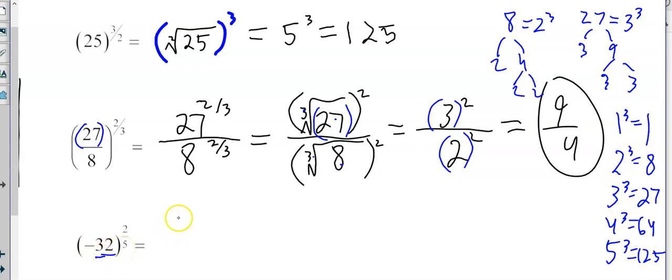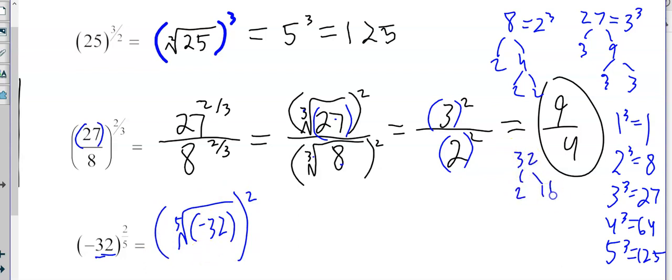So this one, if you rewrite it, negative 32 would be the fifth root of negative 32 to the second power. So I'm going to do the prime factorization of 32. Let's see what happens. 2 and 16, 2 and 8, 2 and 4. That's really 2 to the fifth power.